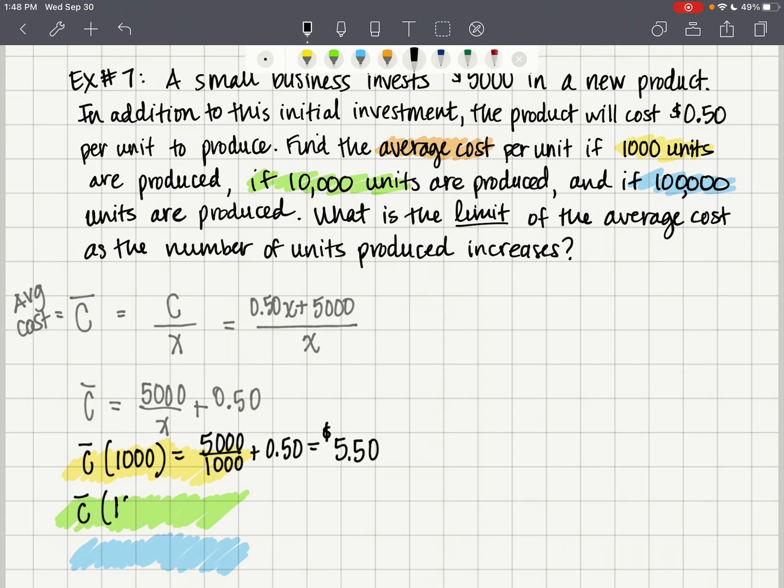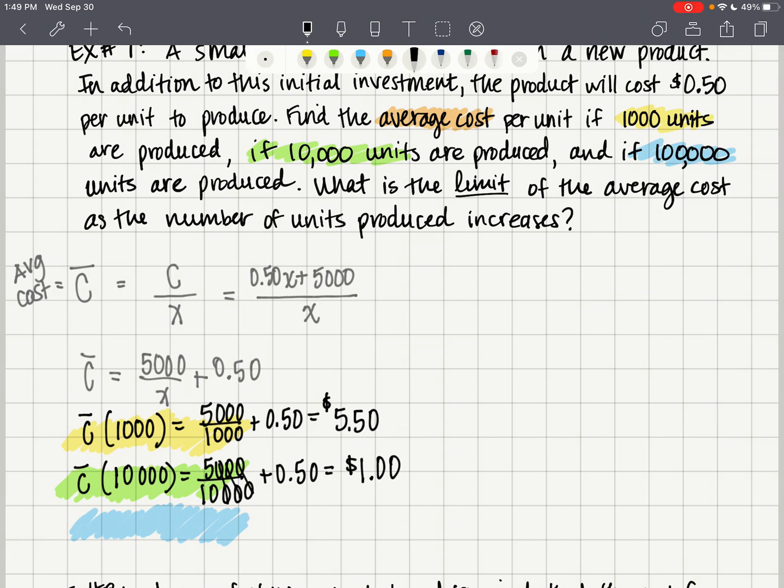Then we're going to try 10,000 units. So 5,000 divided by 10,000, well, that's 1/2. 1/2 plus 1/2 is a whole, so that's $1. And that's your $1 cost per unit to produce.